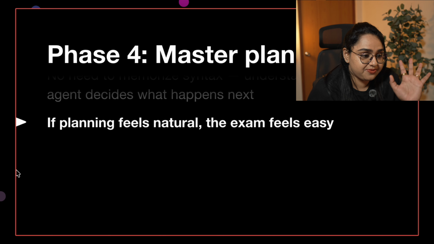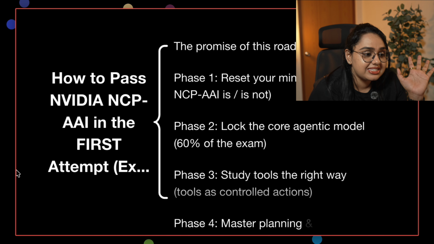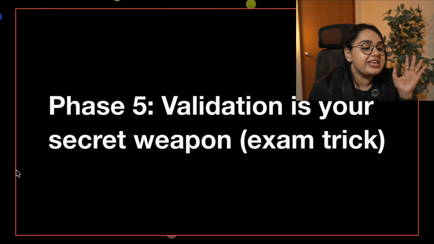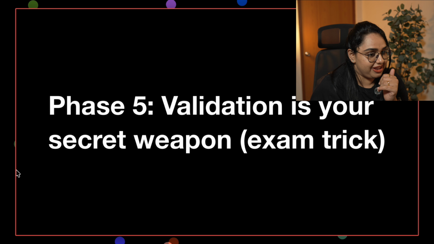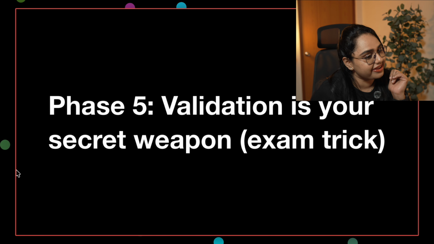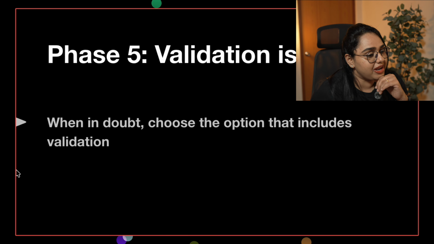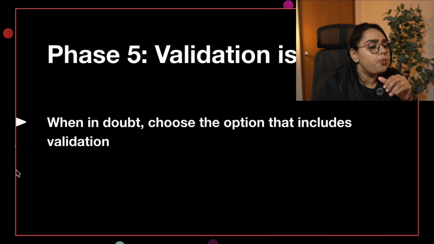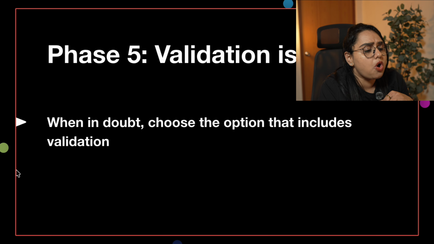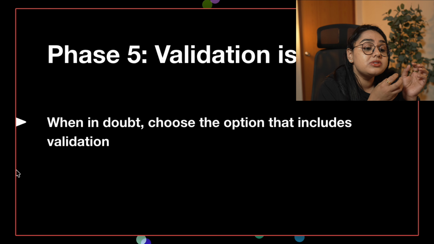Now comes phase 5, the fifth phase, that is, validation is your secret weapon. Validation is your secret weapon. Here's a simple examination trick I would like to give. That is, when you're in doubt, choose the option that includes validation.